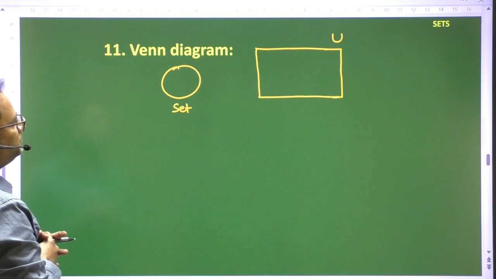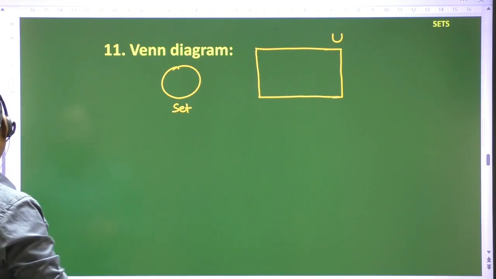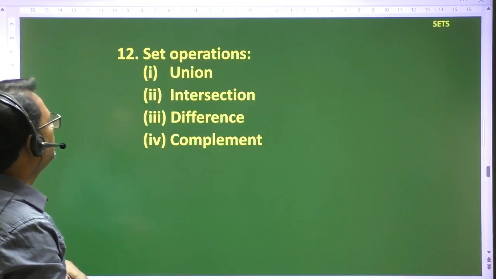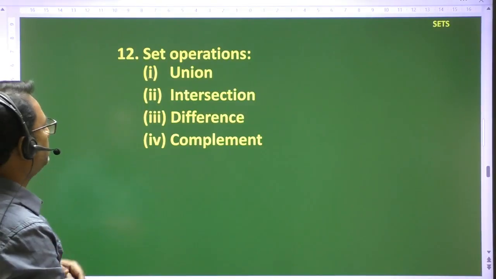Using the Venn diagram we can do the algebra of set theory very easily.